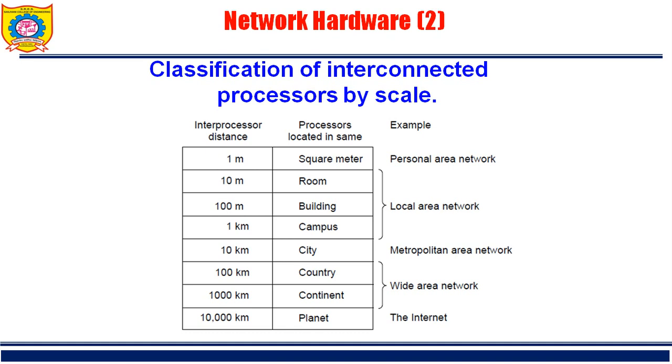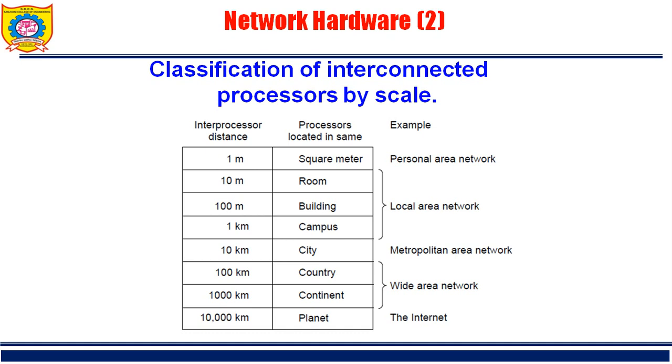You can see the interprocessor distance, where the processors are located, and the type of network. If the distance is 1 meter, the region is a square meter, and it may be called a personal area network. Then the distance may be 10 meters, 100 meters or 1 kilometer.